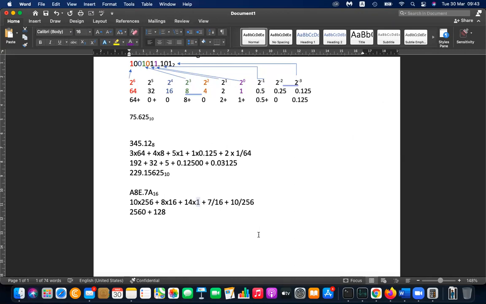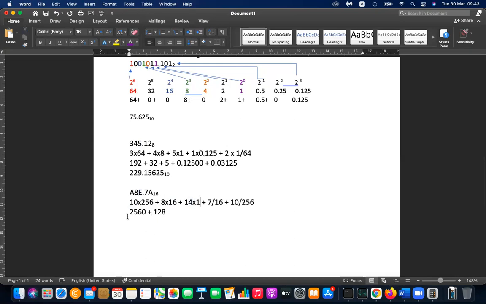So here also the positional value is 8 to the power 0, 8 to the power 1, 8 to the power 2. Here 16 to the power 0 is 1, 16 to the power 1 is 16, and 16 to the power 2 is 256. 10 into 256. Now only you take 10. 10 is the value, 10 into 256. 8 is the value, 8 into 16. Then E is the value, E is 14, 14 into 1.